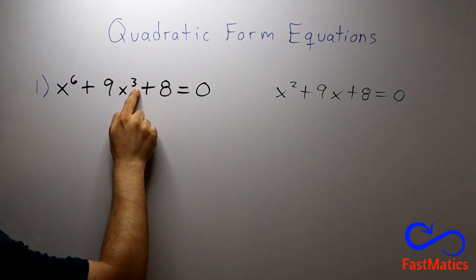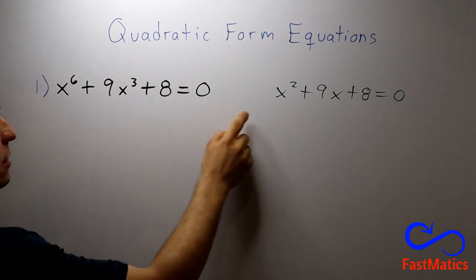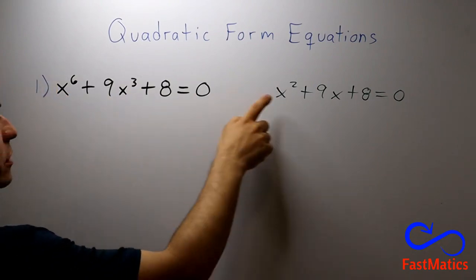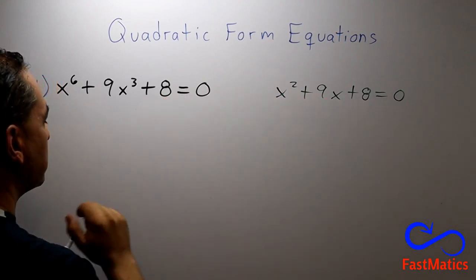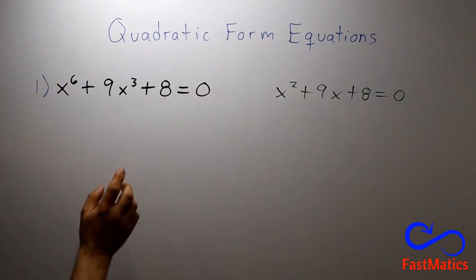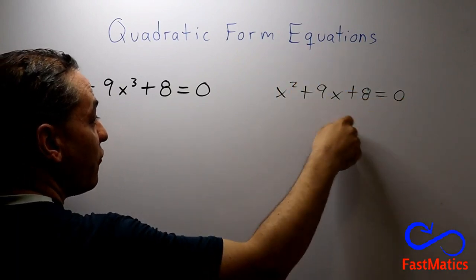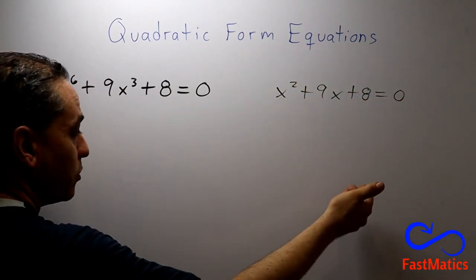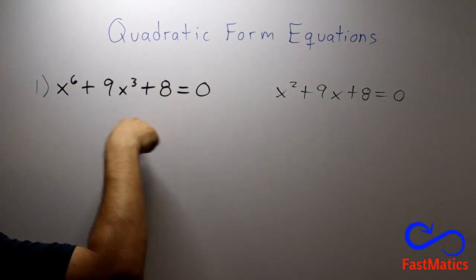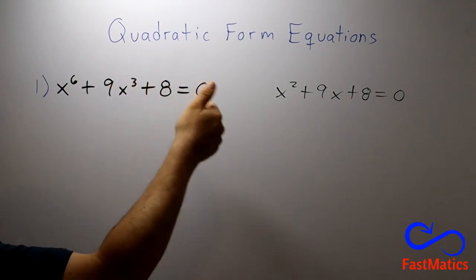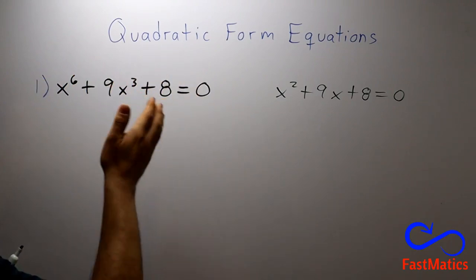Twice. Here I have the number 1 as a coefficient, 9, and 8. So, if this equation can be solved with the quadratic formula, then this equation will be solved with the quadratic formula.